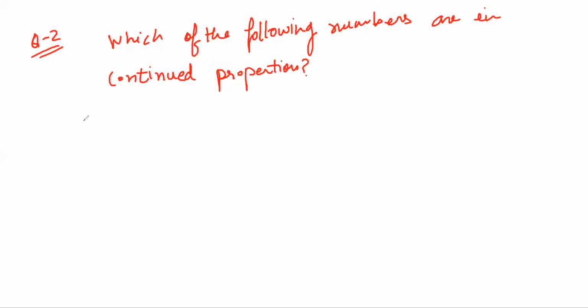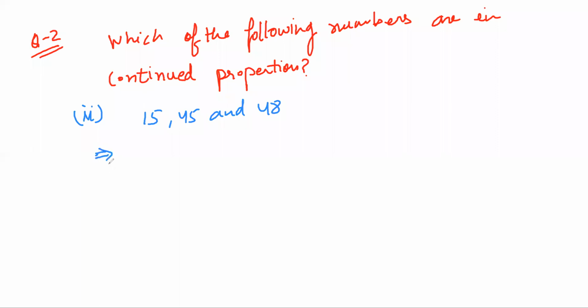So the second question is 15, 45, and 48. We have to check if they are in continued proportion or not. So how are we going to do that? First, write the relationship.